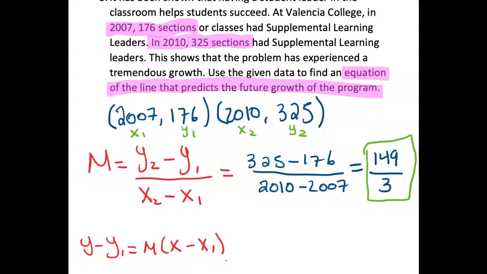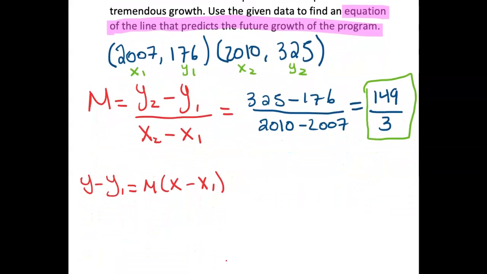I'm going to use the first point. So I have y minus 176 equals 149 over 3 times x minus 207.